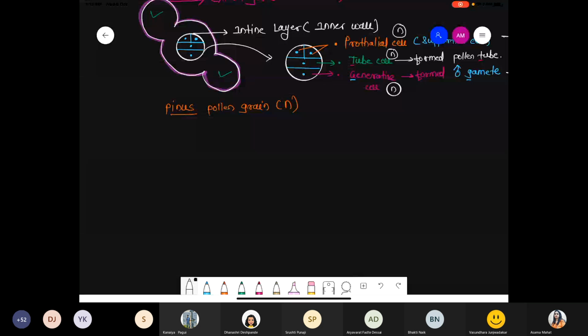So when there is a release of the pollen grain, at that time it looks like they form a yellow color cloud, a yellow cloud, right? And such a yellow cloud is also called the sulfur shower. These are also called the yellow color cloud, or simply the sulfur shower.